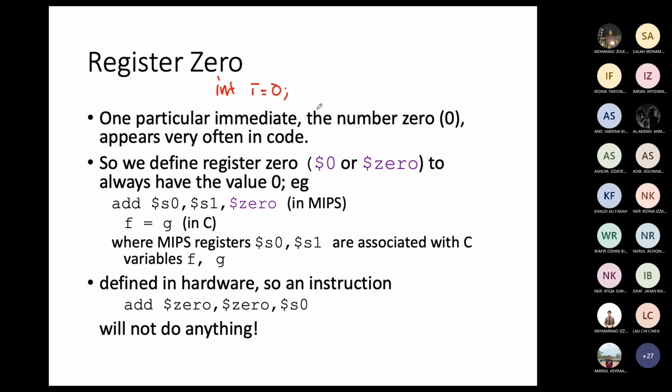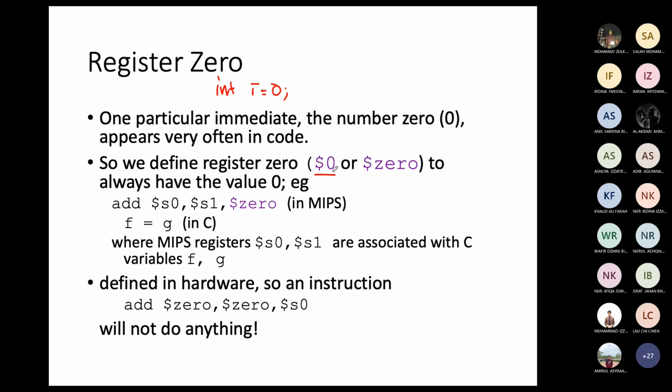We can also define this by using a specific register called register 0, or $ZERO. This is the name, and this is the number to define register 0.